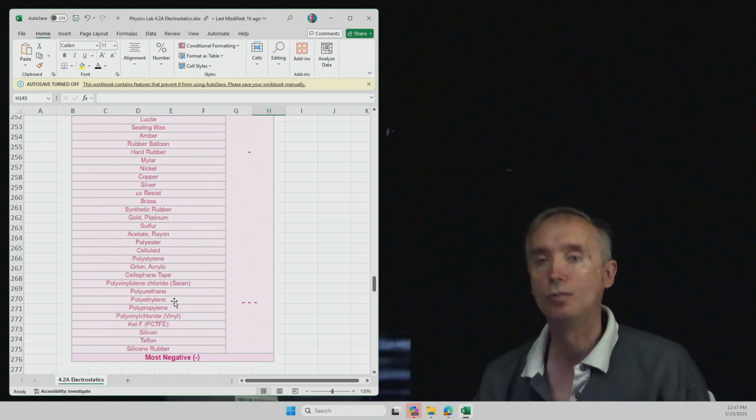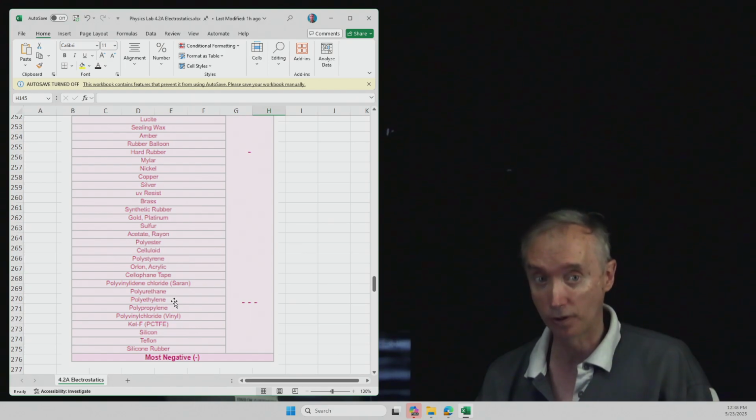But what's going to happen is one of them is going to want to take the electrons more than the other one. So the one that's going to want to take the electrons more is going to be the negative one, and then the one that wants to take the electrons less is going to end up being the positive one.